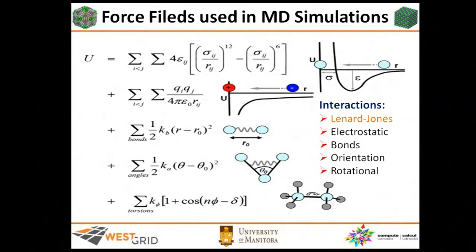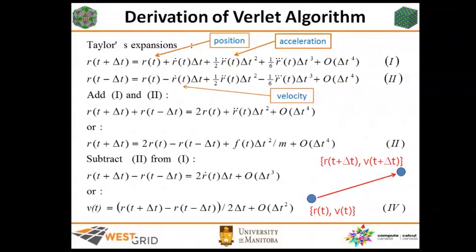So if you already have the velocity at time t, when you increase time, you can compute the position at time t plus delta t, because you already know the position at the previous time. You already know the velocity.